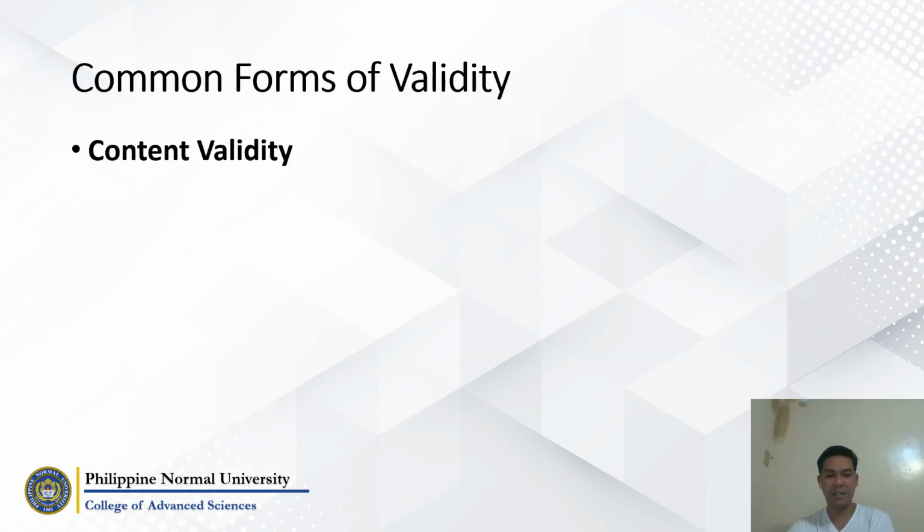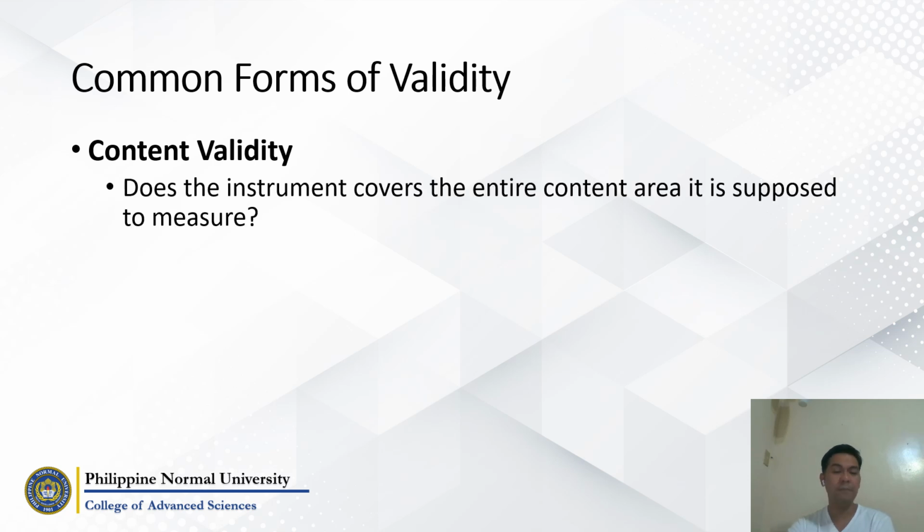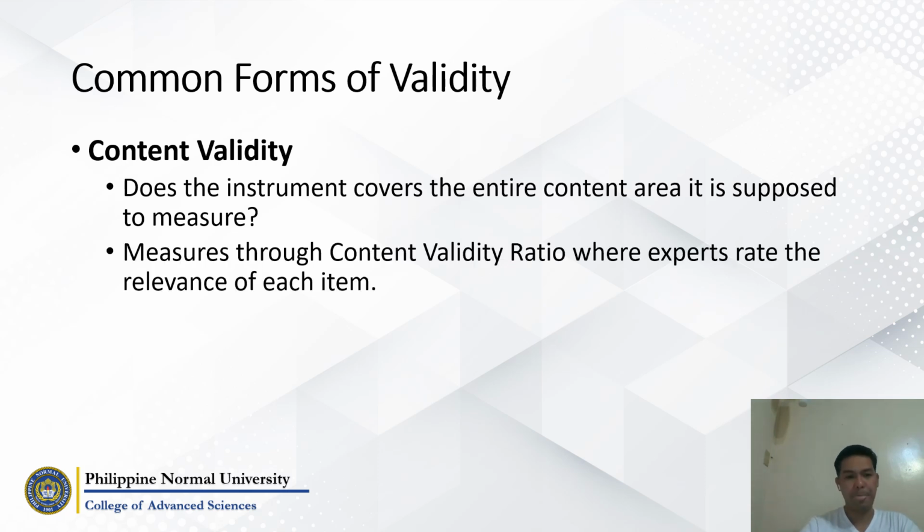So what are the common forms of validity? We have content validity, which answers the question, does the instrument cover the entire content area it is supposed to measure? So does it cover all the lessons that you want to measure? It is measured through the content validity ratio, where experts rate the relevance of each item.